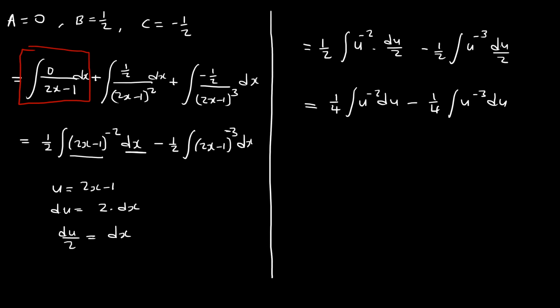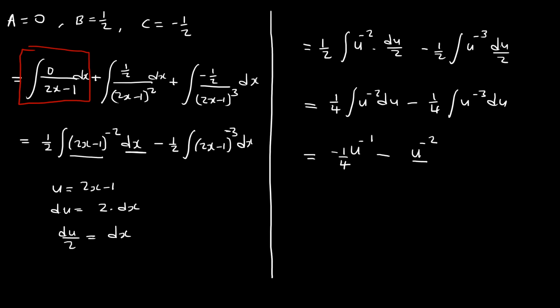So now integrate. If I integrate, I'm adding 1 to the exponent, dividing by the answer. So I'll have u exponent minus 1 divided by minus 1, which will make this minus 1 over 4. Here I'll have u exponent minus 2. If I add 1, divide by minus 2.